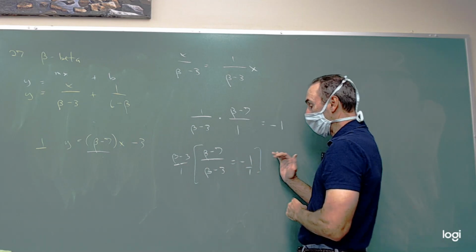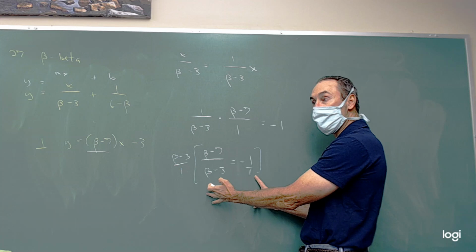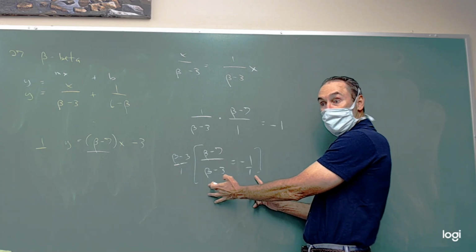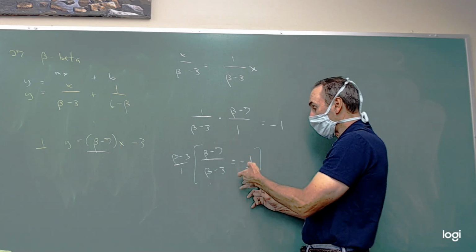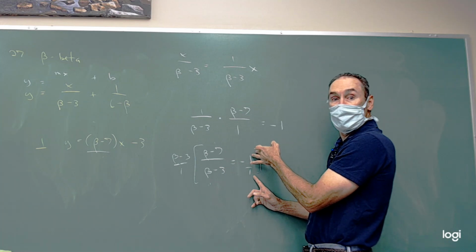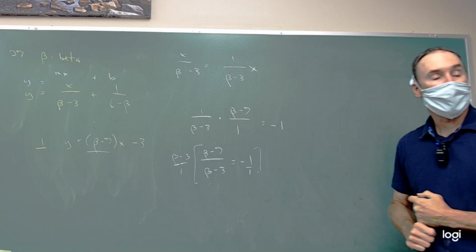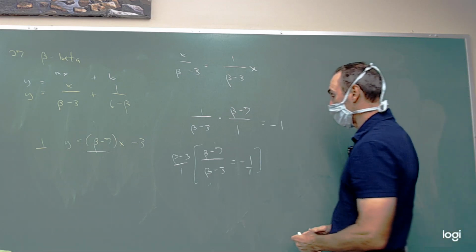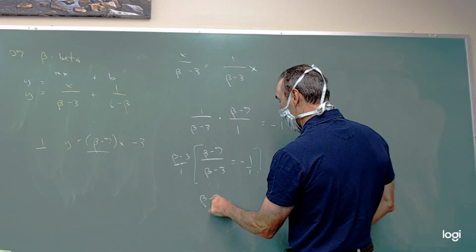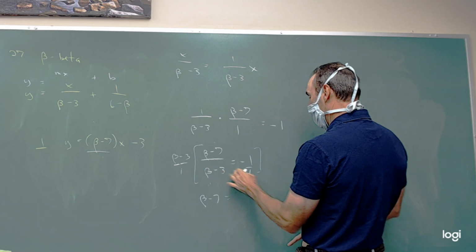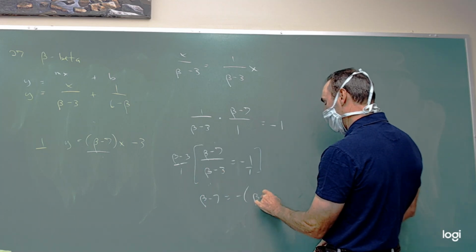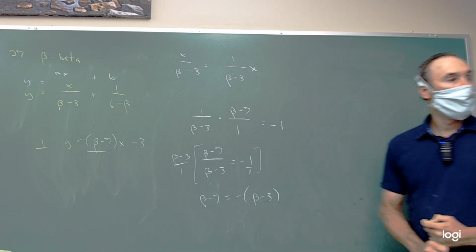Or you could make this into two fractions equal to each other, which is known as a proportion. And we know in a proportion, the cross products are equal. Those are probably the two best options. So however we think of it, we're going to get beta minus 7 is going to equal negative beta minus 3. You okay with that?